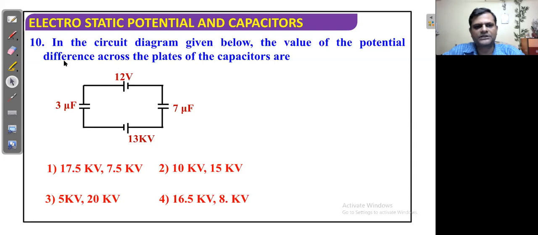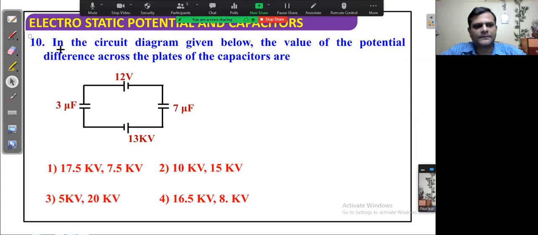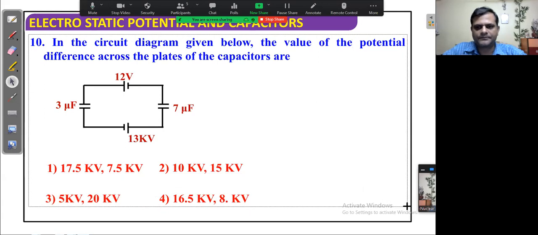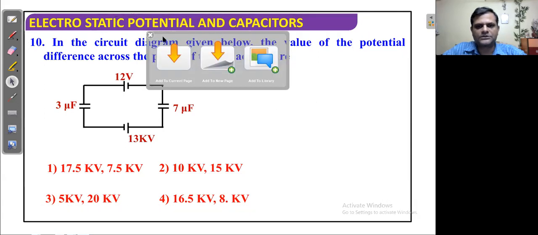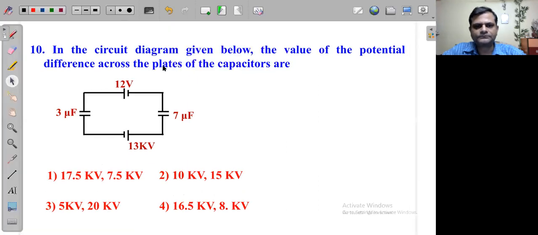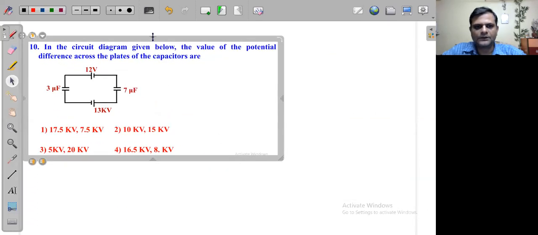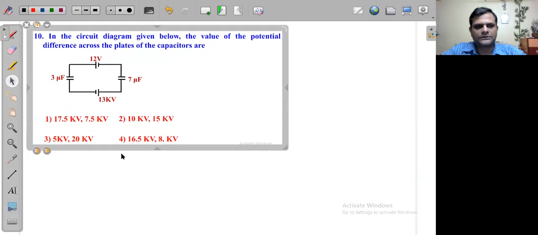So just make a correction here. Both of these potential differences are going to be there in kilovolt actually. Okay. So, and we want to find out the total potential difference across the plates of capacitor.